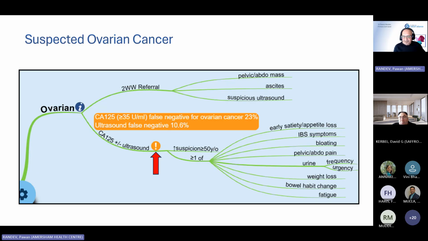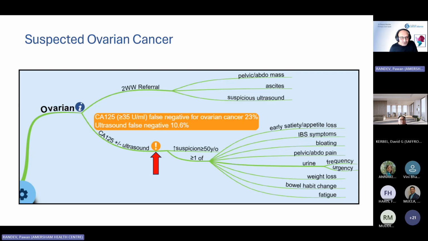And if you have, as you work through those symptoms, more than one of those occurring in a woman, especially over the age of 50, that should raise suspicions. And the red arrow is showing you that if you order a CA125, which is what the NICE guidance suggests, there is a false negative rate of almost a quarter.